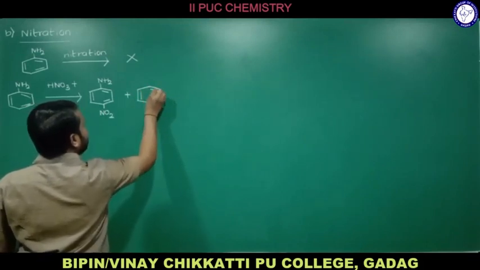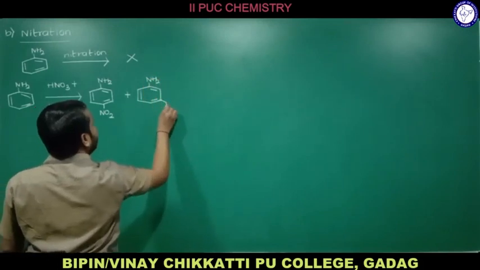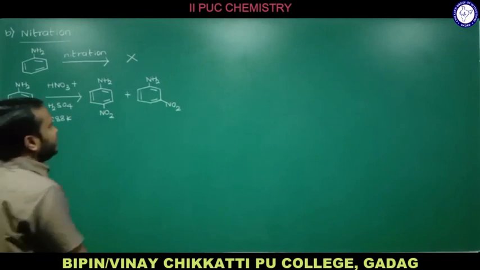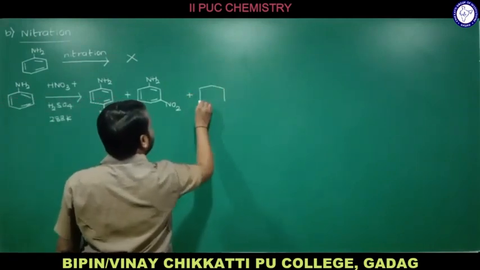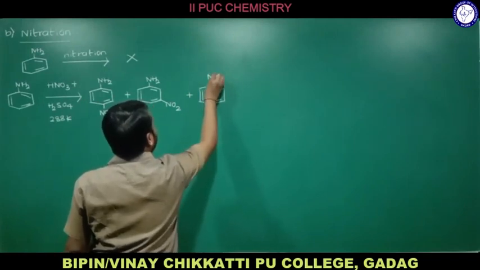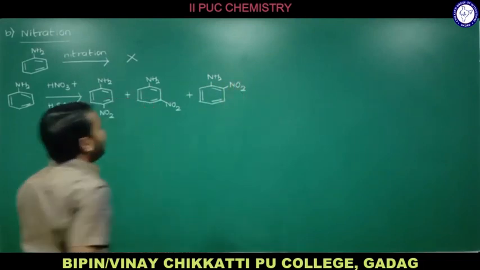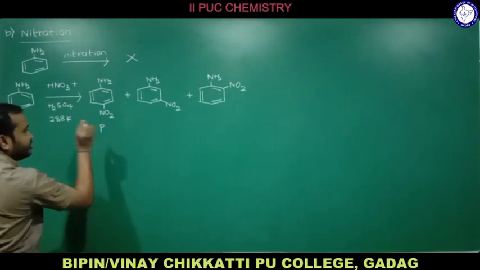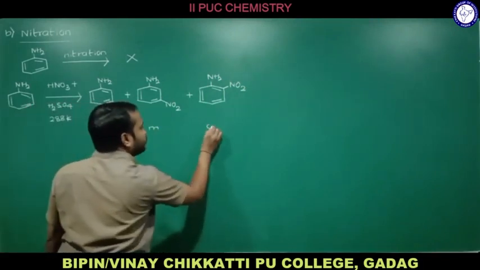Let me write that, and that is aniline with a meta substituted product, that is meta-nitroaniline, and one more we get, and that is the ortho substituted one, nothing but ortho-nitroaniline. So this is the para substituted. For your reference I will write here, this is meta substituted and this is ortho substituted.